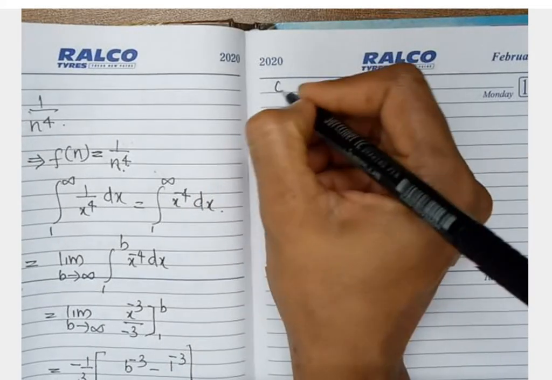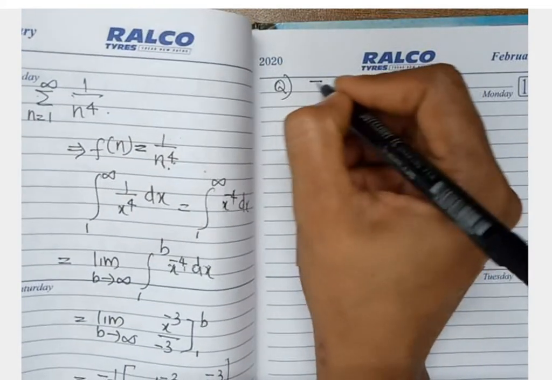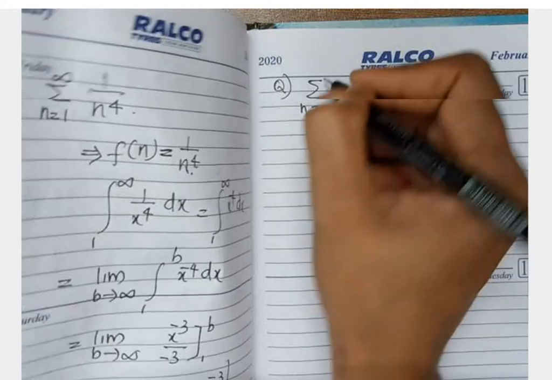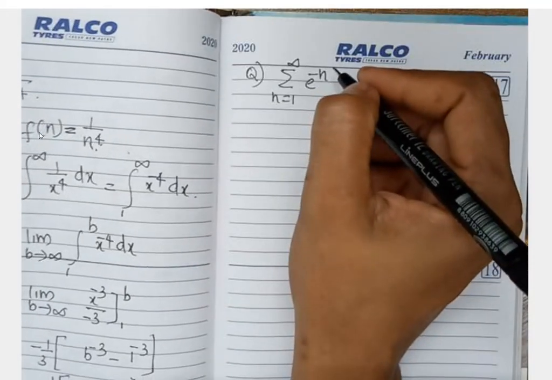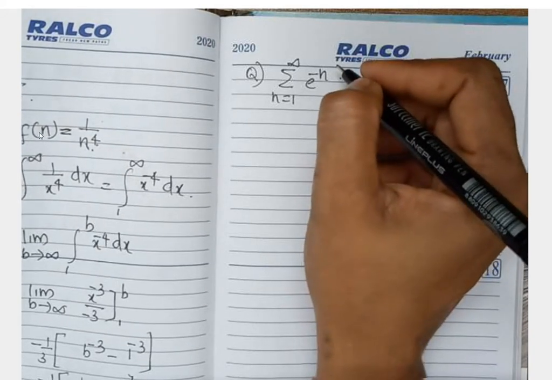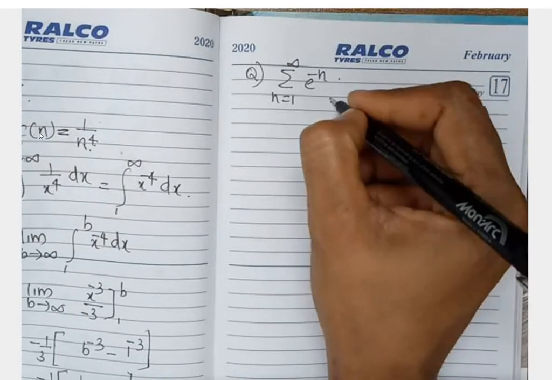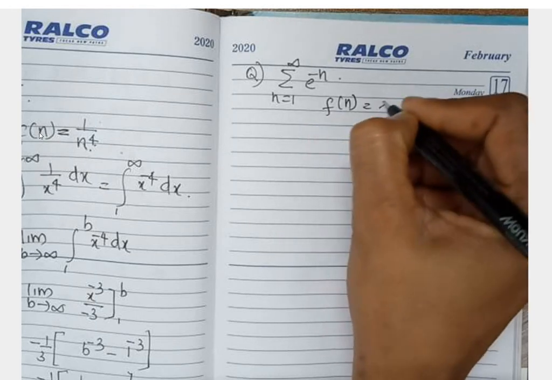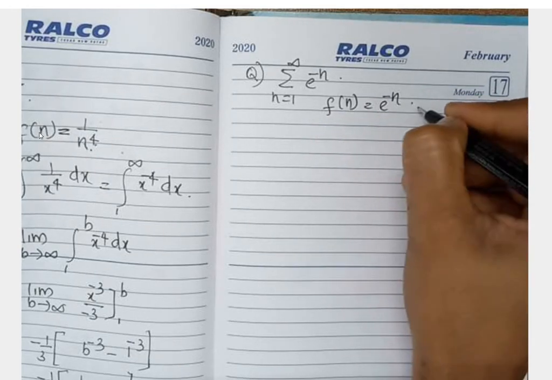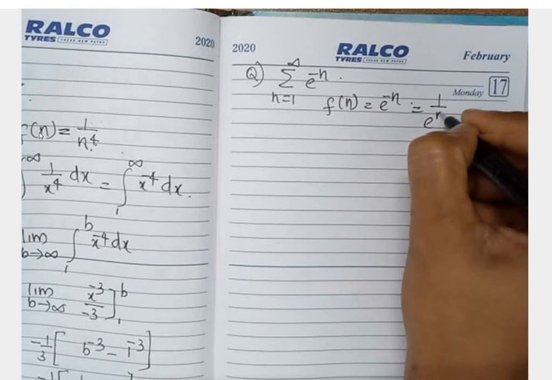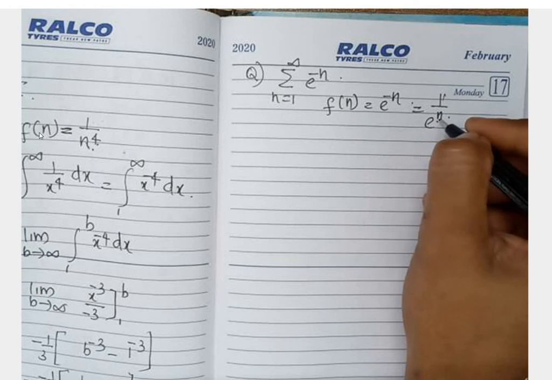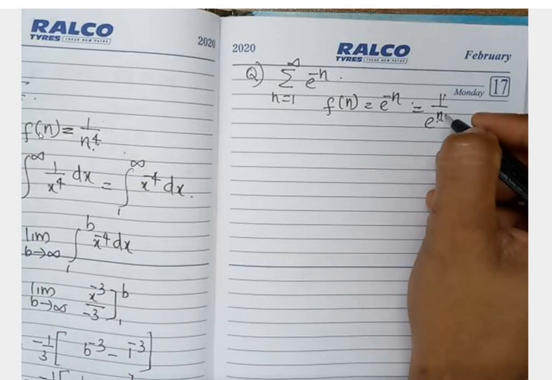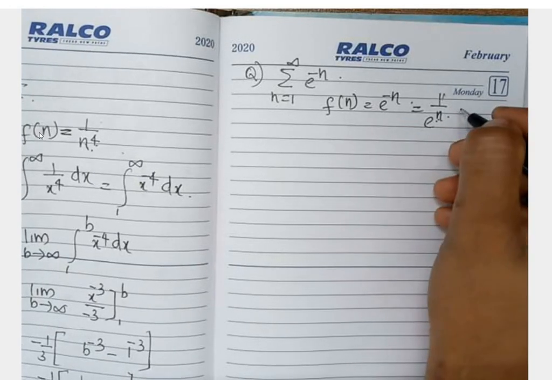Okay, so next question. Sigma n equal to 1 to infinity of e raised to minus n. Here f(n) is equal to e raised to minus n, which is 1 by e raised to n. e raised to n is always an increasing function, so 1 by e raised to n is always a decreasing function, and this is always greater than 0.